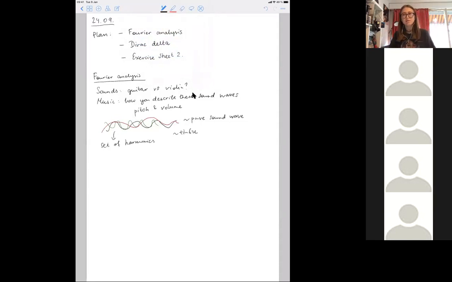Hence, the way we perceive sound is not only about one pure sound wave, but more like a collection of these sound waves. And so our brain, which ends up distinguishing the guitar from the violin, also goes through this process of decomposing the sound that it hears into its constituent frequencies.